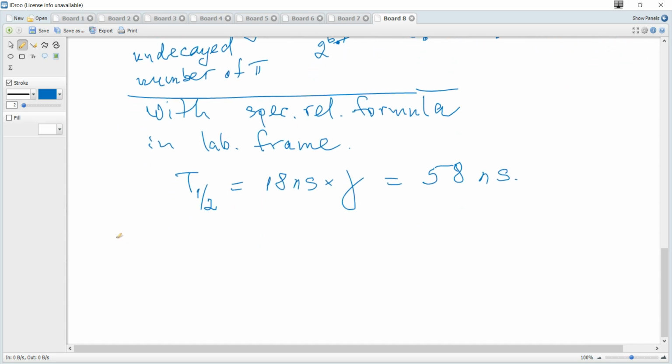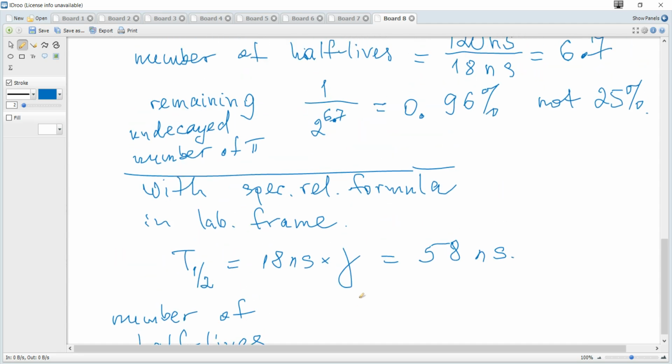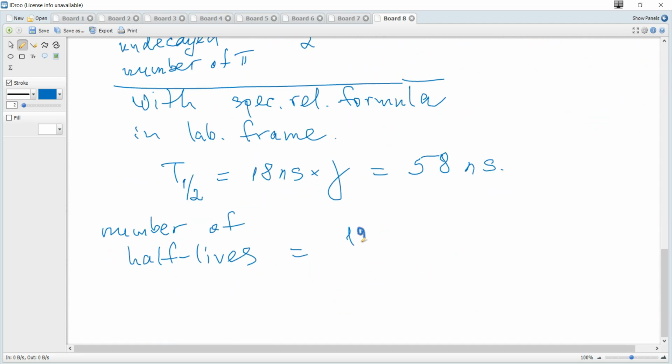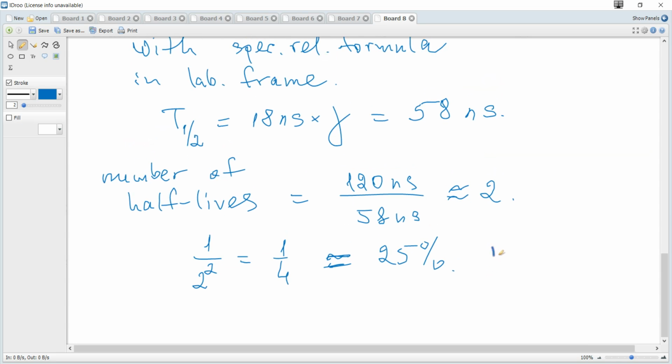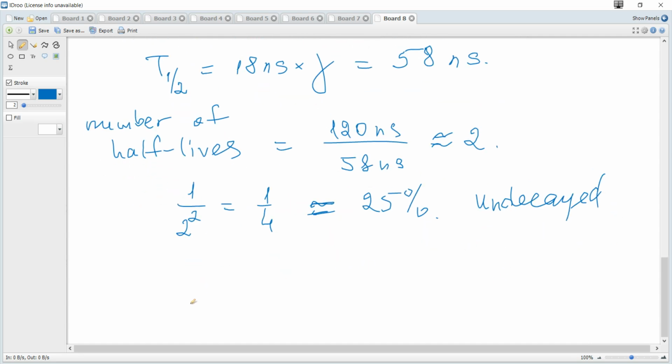And now the number of half-lives becomes 120 nanoseconds divided by 58, approximately 2, and 1 divided by 2 squared is 1/4, or 25% undecayed or remaining, which is consistent with the experiment.